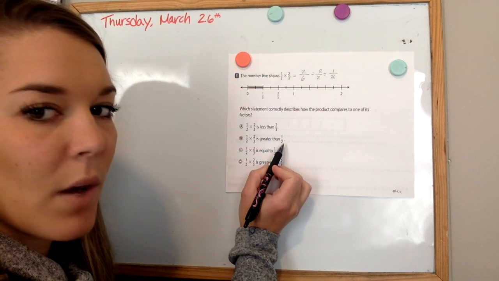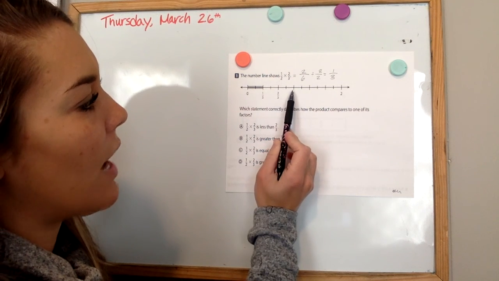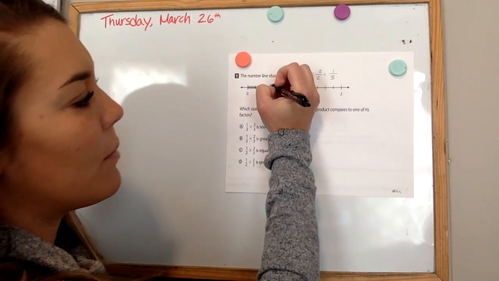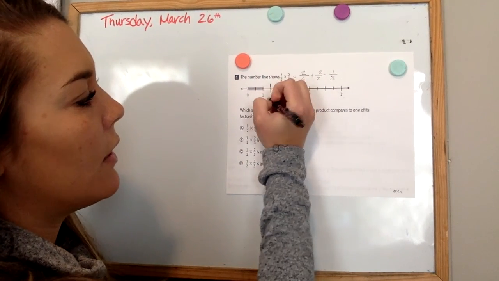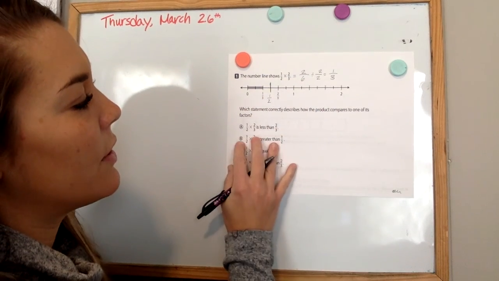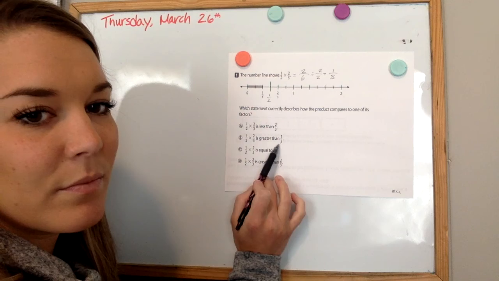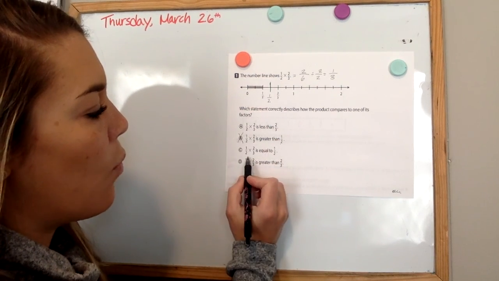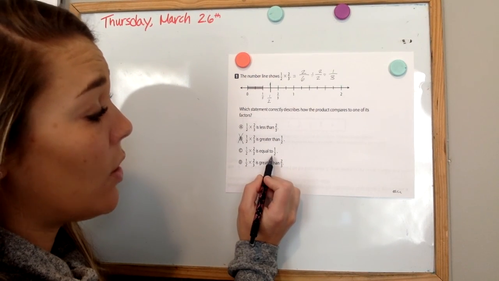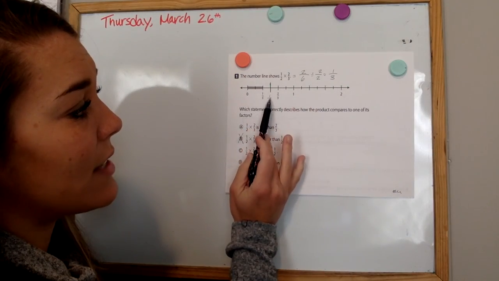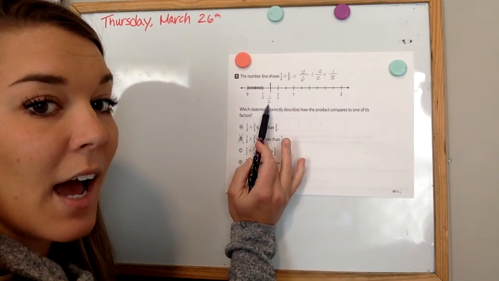I need to figure out where 1/2 is. I know 1/2 is right in the middle of 0 and 1. So that middle point is right here. This is 1/2. So is 1/3 greater than 1/2? No. 1/2 times 2/3 is equal to 1/2. Is this shading showing that it's going to equal up to 1/2?